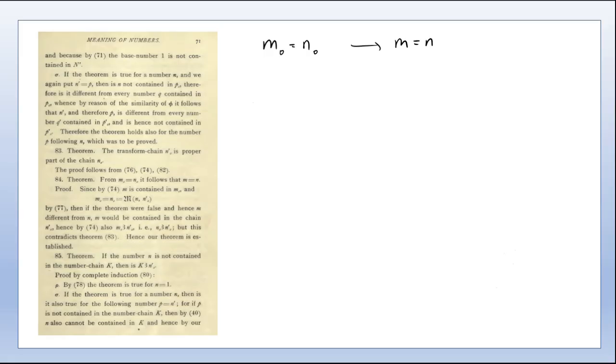By 74, M is contained in M0, and therefore we've got M0 equal to N0, which is the system compounded of N and N0 primed.